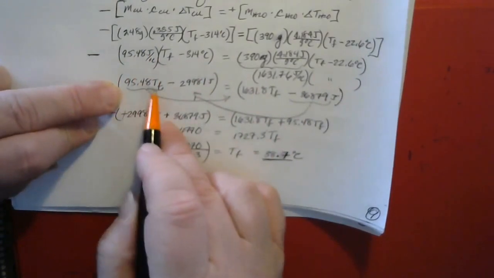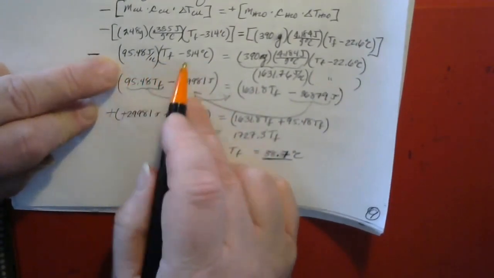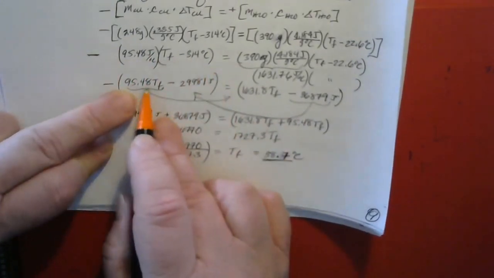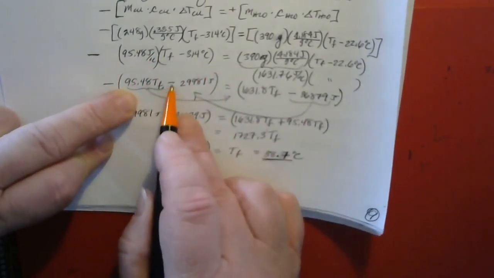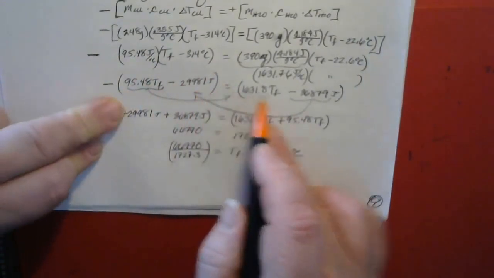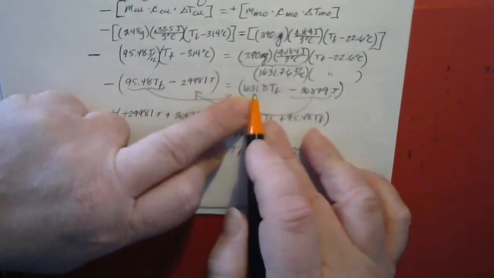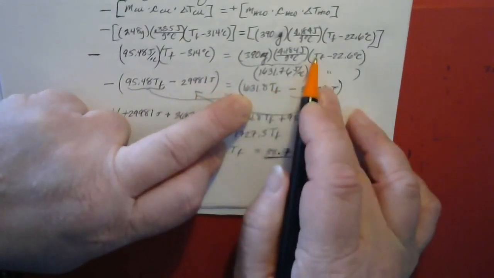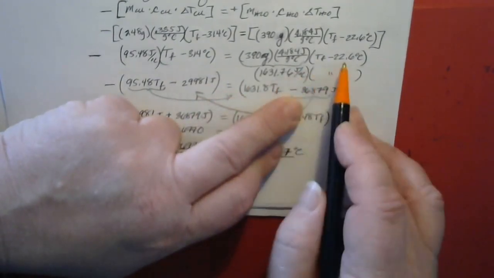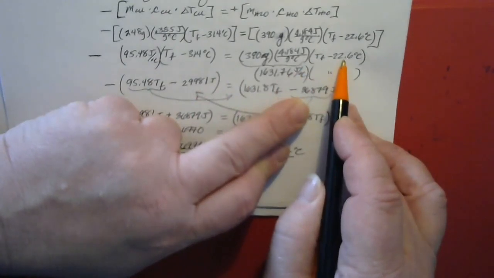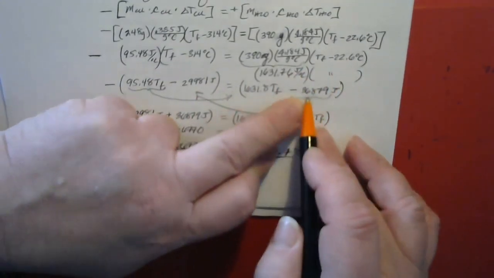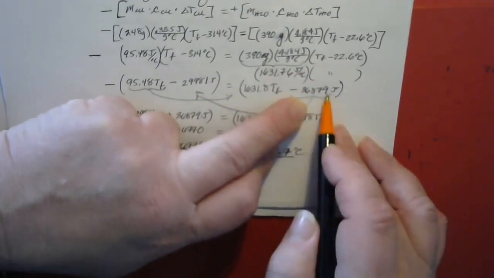So 95.48 times TF minus 95.48 times 314 gives you 95.48 TF minus 29,981 equals, and do the same thing on the other side, 1631.8 times TF minus 1631.76 times 22.6, which is 1631.8 TF minus 36,879.